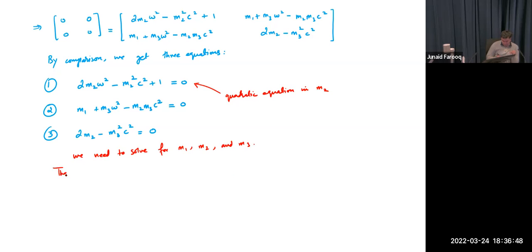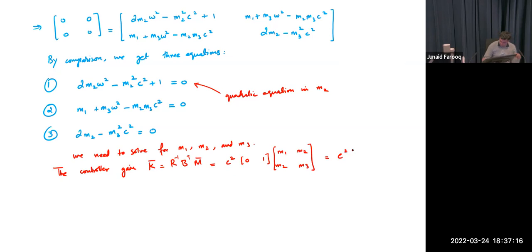Okay, so the controller gain K bar is R inverse V transpose M bar. So R inverse is C squared, V transpose is 0, 1, M bar is something like this. So if you simplify this, essentially you get C squared, M2, M3. So luckily M1 is not even needed.